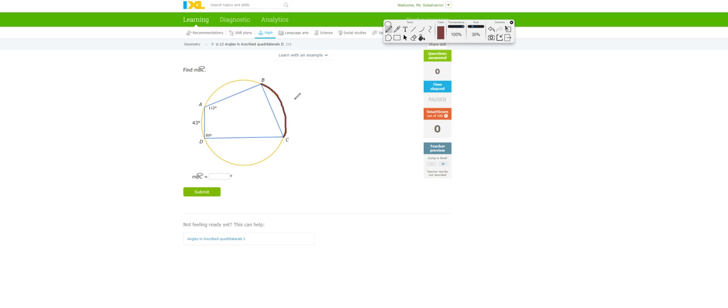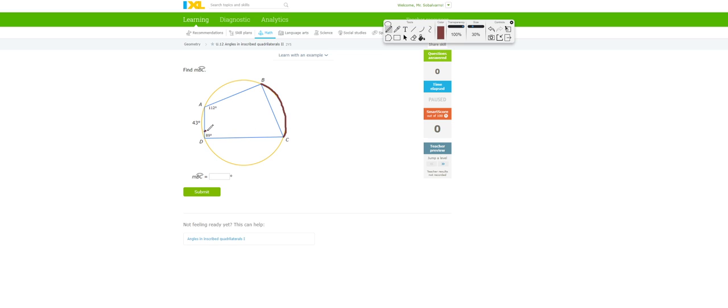So what you want to do is to get those arcs, you want to use the inscribed angles. What we know about inscribed angles is that they are half of the measurement from the intersected arc.